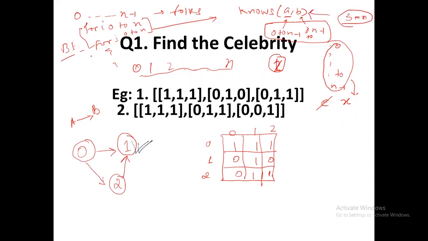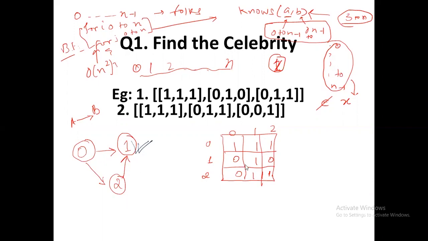But here the time complexity is of the order of n square, which means that many calls are going to be made to the knows API. So that condition is getting violated. The knows API should be called only 3n times. That is the problem with this approach, and your time complexity is also order of n squared. So what else can we do here?